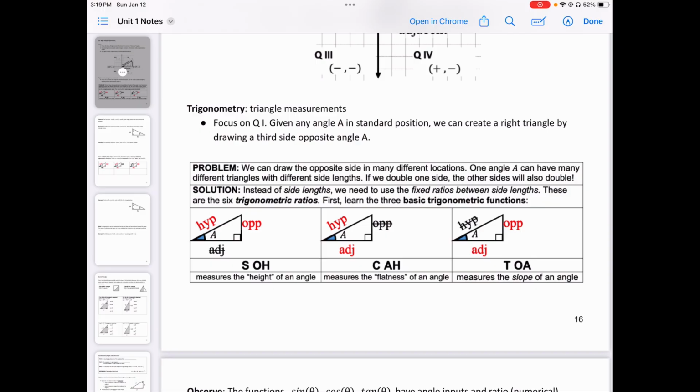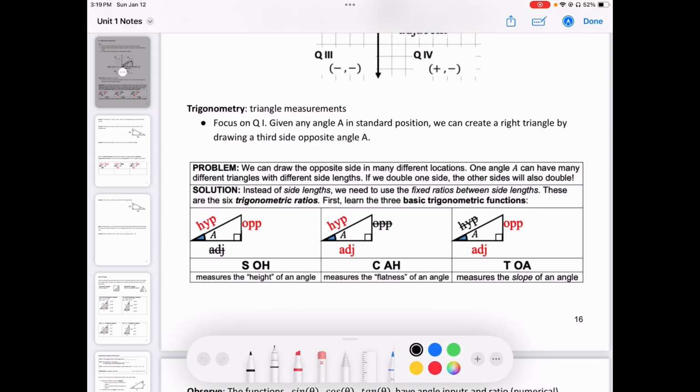Now, we are going to focus on quadrant one, and given any angle A in standard position, we can create a right triangle by drawing a third side opposite to that angle A. So in this first one, you'll see that you have angle A right here.